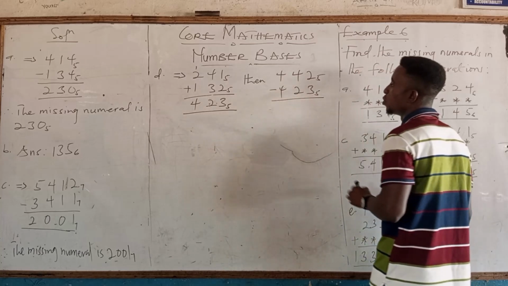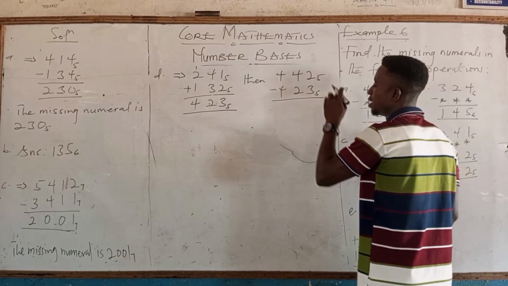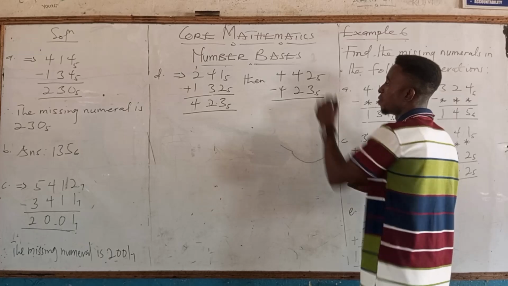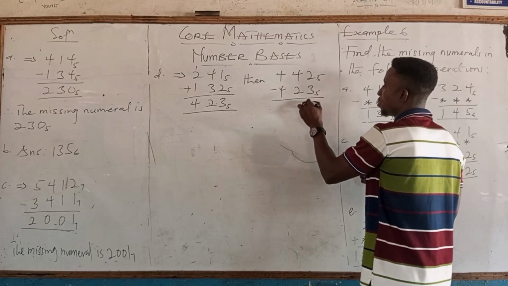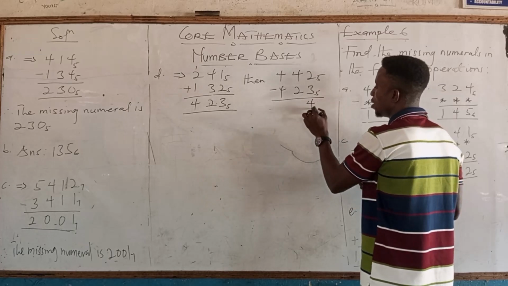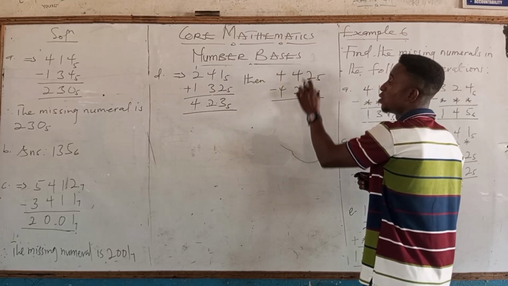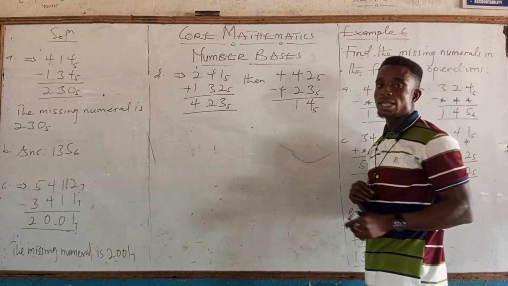And solving that one too will get us what? This one minus this, it can't be. So I have to go and borrow one. Then it is 5, so 5 plus 2 will be 7. Minus 3 is 4. Then this one is left with 3, so subtracting 2 will be left with 1. Are we getting that?